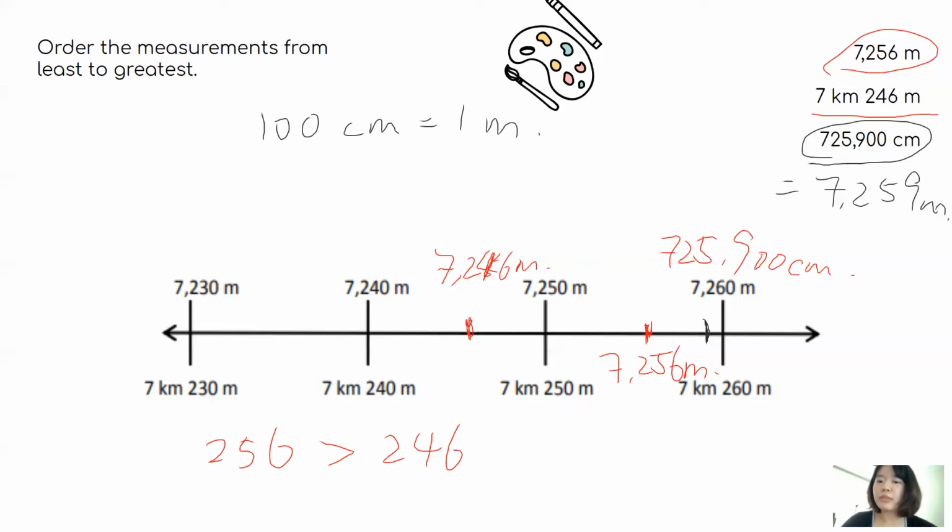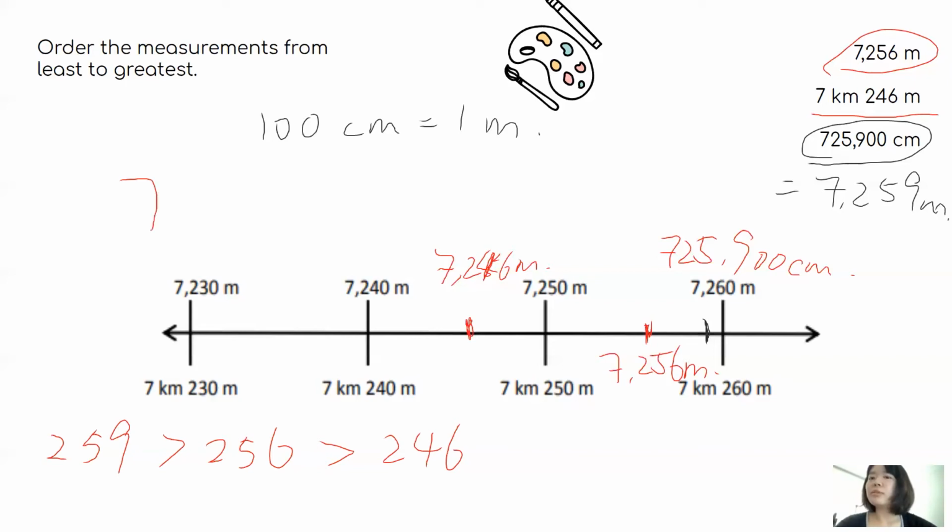So we can put this right here, 259. From this we know 7 kilometers 246 meters is less than 7,256 meters, which is less than 725,900 centimeters. So this is our order from least to greatest.